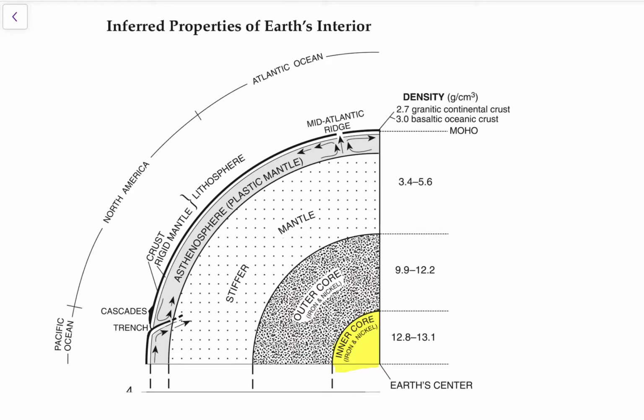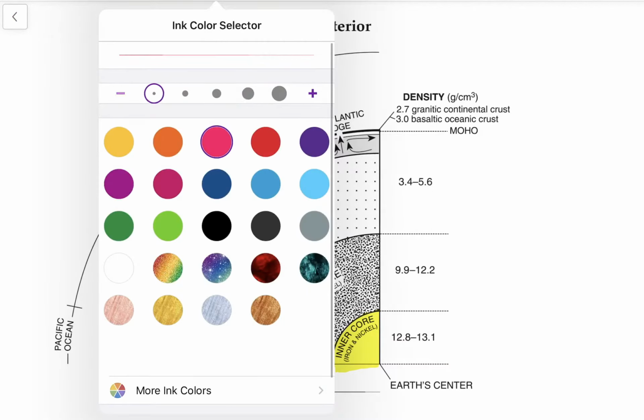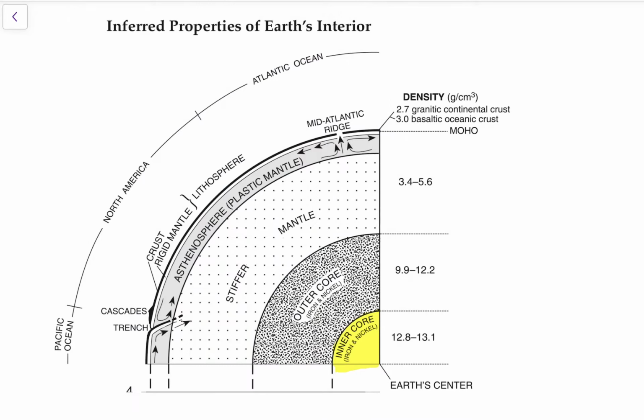And notice where it says inner core, it also tells me that the inner core is made of iron and nickel. Okay, so notice under the name it says iron and nickel. That's because that's what the inner core is made of. You might also notice that the lines get extended outside of the piece of cake. Okay, and there's this barrier over here.